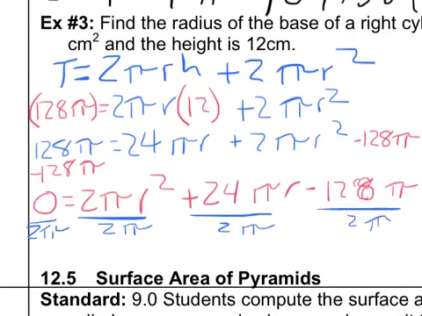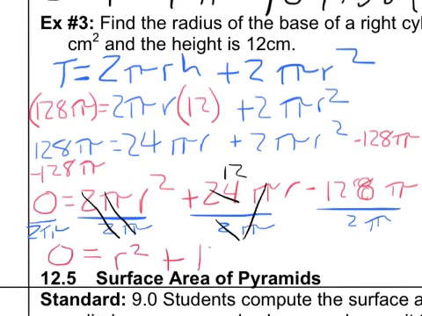Okay, well 0 divided by 2 pi is still just 0 here. The 2 pi's cancel out, and I just have an r squared plus, here the pi's cancel out, and this makes a 12, so I'm just going to have a 12r, and here the pi's cancel out, and 128 divided by 2 is negative 64.